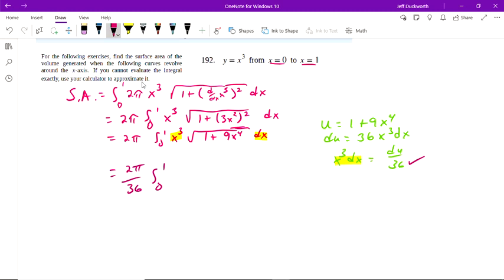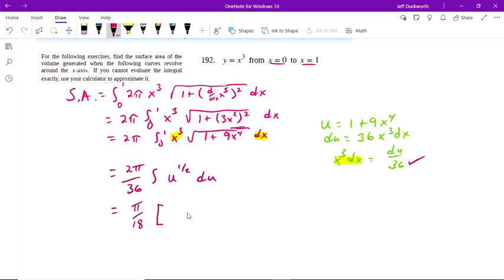And we probably should leave these limits off because we're changing the variable. So it'll just be u to the 1/2 du. We'll evaluate this, change it back to the x, and then put in the 0, 1. So 2 over 36 is really just 1 over 18, so this is pi by 18.